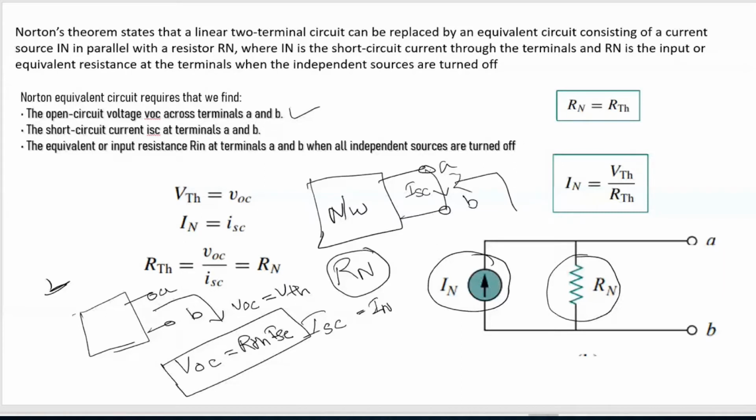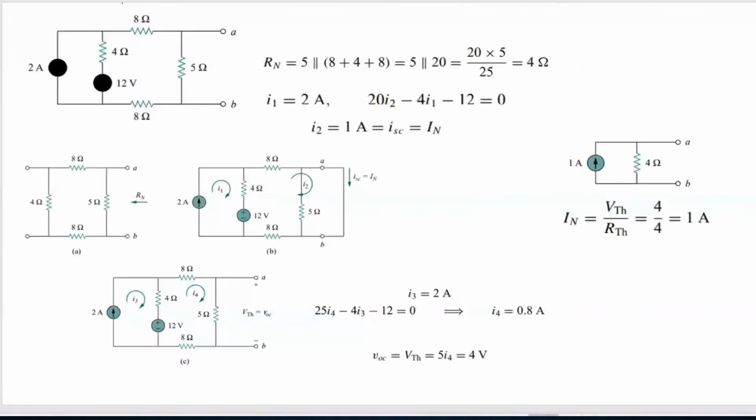For that, I am going to solve it on a fresh page. So this is your 2 ampere source, and a 4 ohm resistor is here, and we have a voltage source here, and 8 ohms and 5 ohms are connected like this.